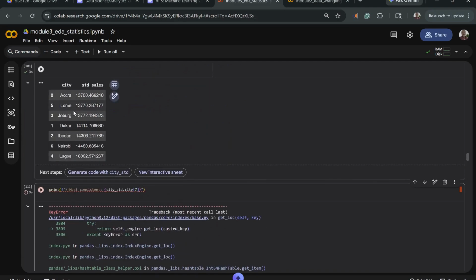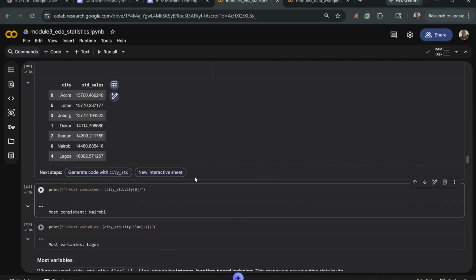1, 2, 3, 4, 5, 6, 7. City standard 6. This is 6, Nairobi. Oh, so 4 is still maintaining the previous index here. 4 will give us, there you go.